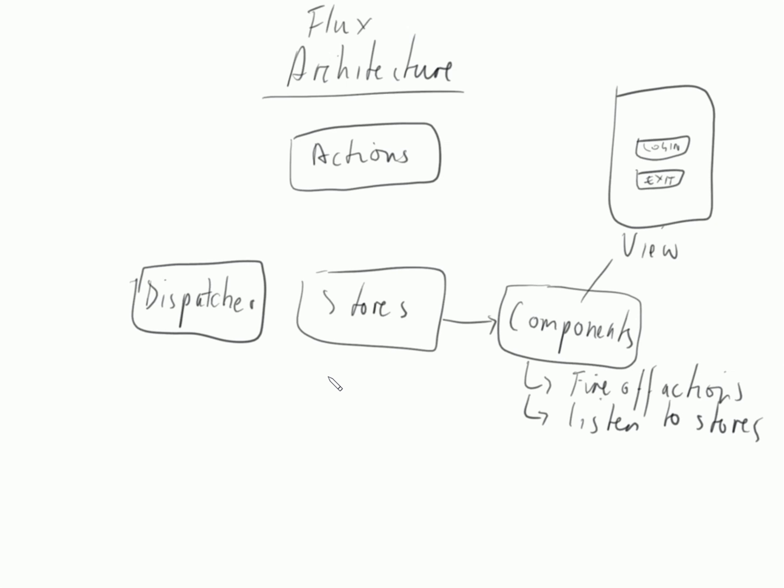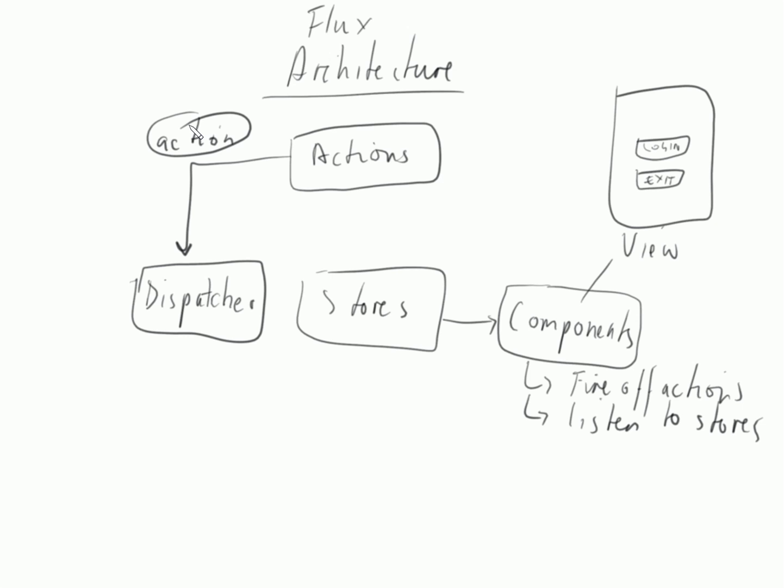So actions, what these do, these are very simple, so we'll keep it simple. They are only aware of the dispatcher here. And so when an action occurs, all it will do is send an action down to the dispatcher. That's all actions do. That's all we need to know.